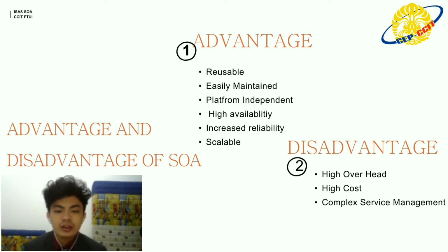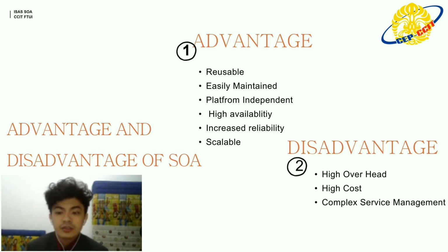And then increased reliability. Service-oriented architecture is highly reliable because it's easier to debug a small service than a large code. And then scalable. What scalable means is that service-oriented architecture can run on a lot of servers, a lot of different servers.